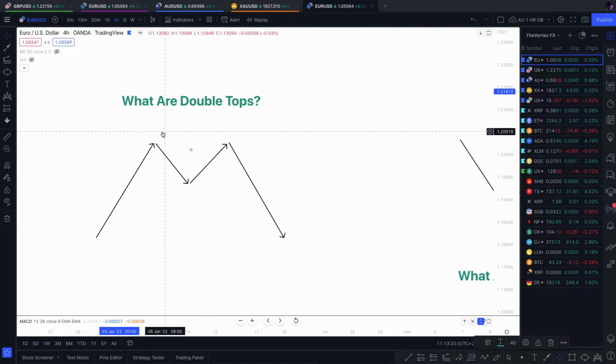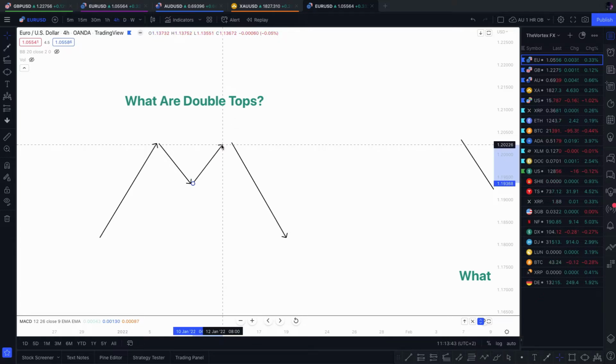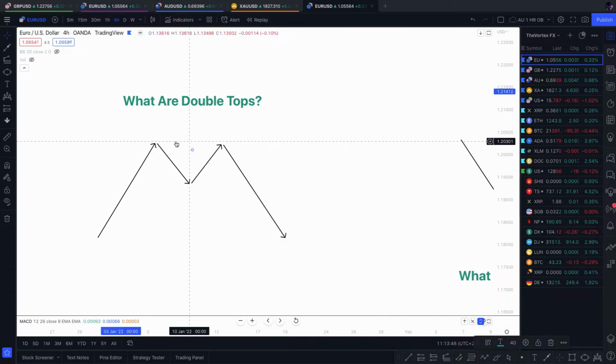This could just be a little cool down retracement period. Let's try and make another higher high, and it tries to, but it doesn't typically get there. And the second point of the double top can sometimes be just a little bit lower than the first, to show clearly that the second point could not overtake this high over here.